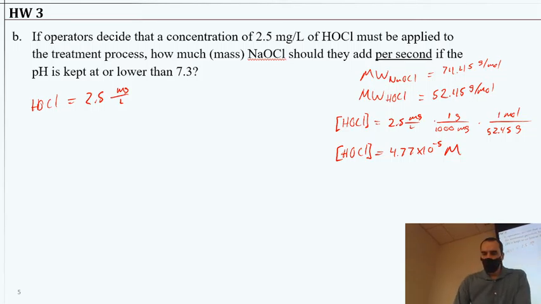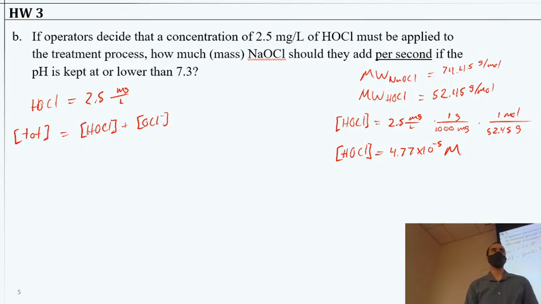Okay, so now that we have that, what we want to find is the moles per liter of total chlorine. I'm just going to leave it as total. For total chlorine, that's going to be the HOCl plus OCl minus.